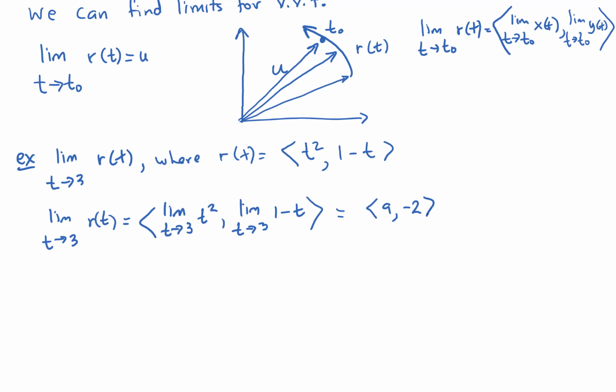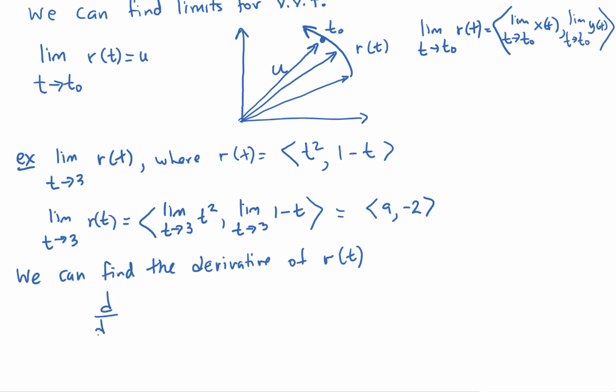Once we can apply limits, we can find derivatives. Essentially, if we want to know the derivative of r of t, we just have to take the derivative of the x component and then the derivative of the y component, and that will be our vector. And we can do second derivatives, third derivatives for these.